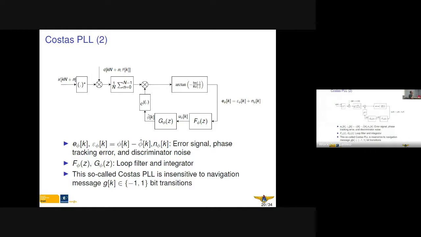So the argument of the arctangent is already independent of the navigation message bits, and so the output, the error signal, is also independent of these message bits. So the PLL can just continue tracking no matter if you receive message bits or not, no matter if you are tracking a pilot signal or not.